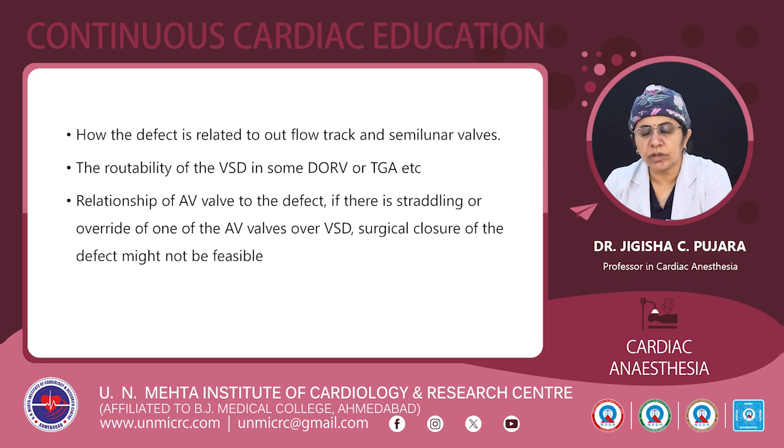Rather than doing the complete repair, sometimes one should go with a palliative repair, and it may not be corrected completely. Also the relationship of the AV valve to the defect: if there is straddling or overriding of one of the AV valves over the VSD, sometimes surgical closure of the defect might not be feasible. So one should be experienced enough to see all these criteria.